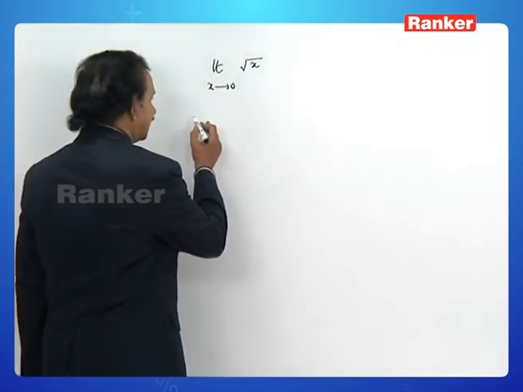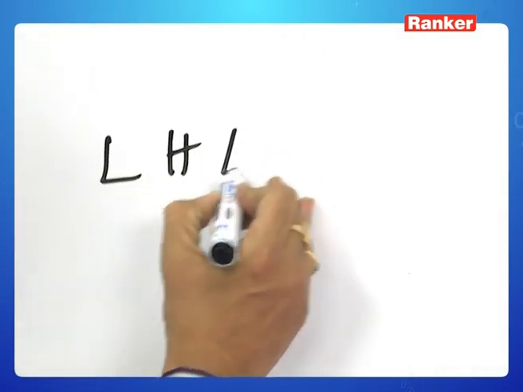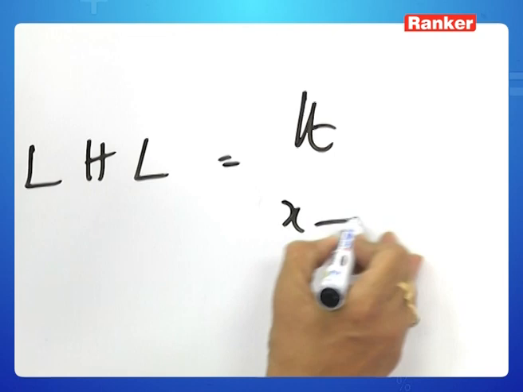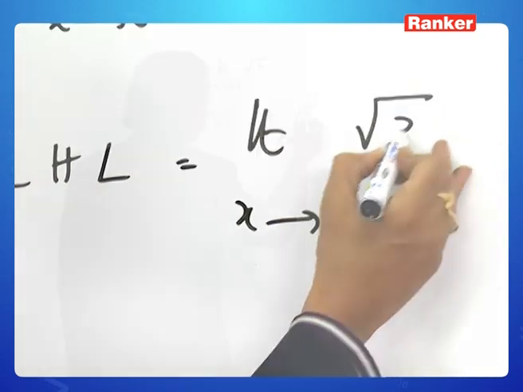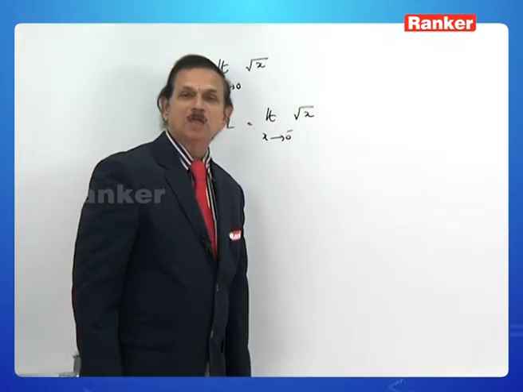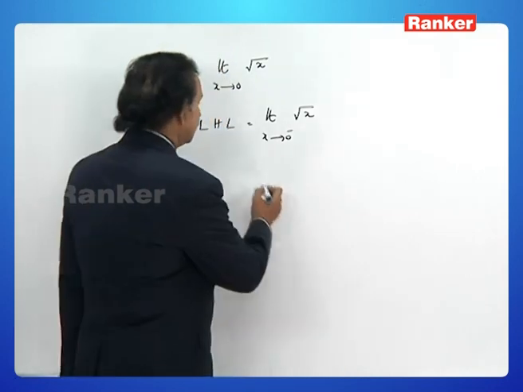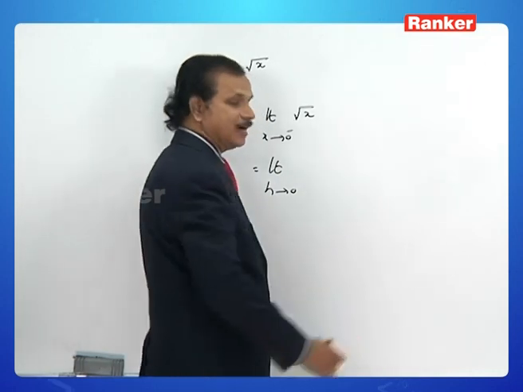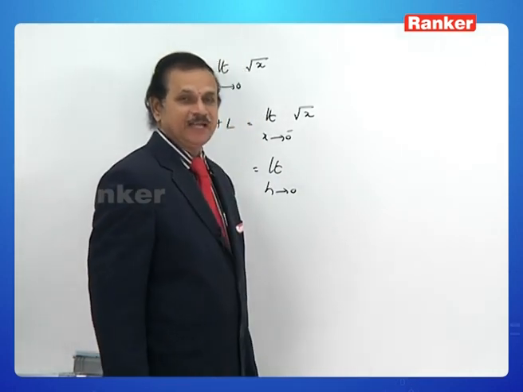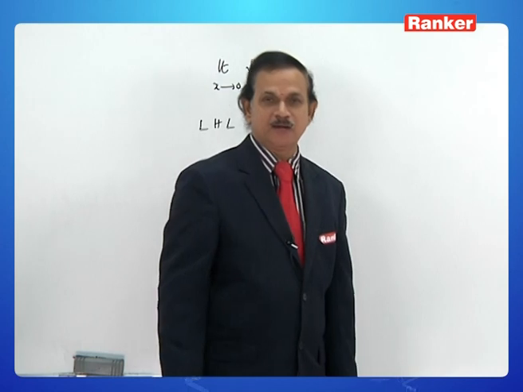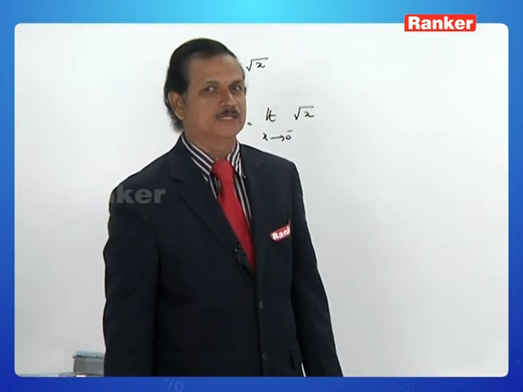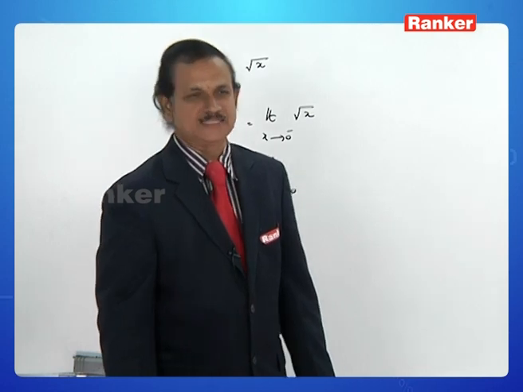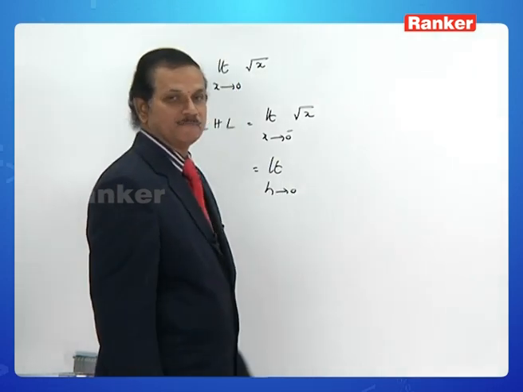First of all, let me calculate the left hand limit. What do you mean by left hand limit? Limit as x tends to 0 from left of root x. This is equal to limit as h tends to 0. Just now we have discussed that a one-sided limit, either a left-hand limit or a right-hand limit, could be estimated in the h concept, that is limit as h tends to 0 of f of a minus h.